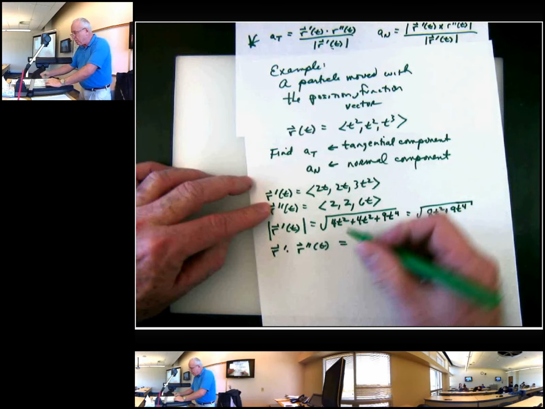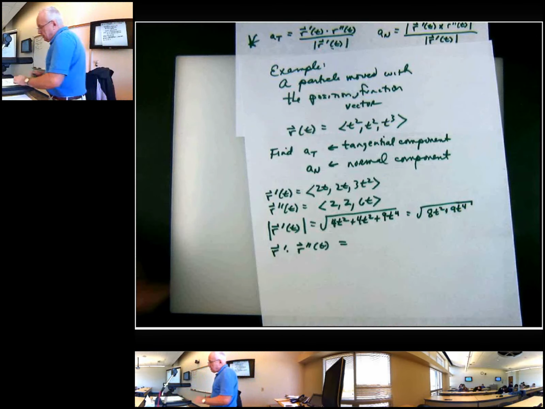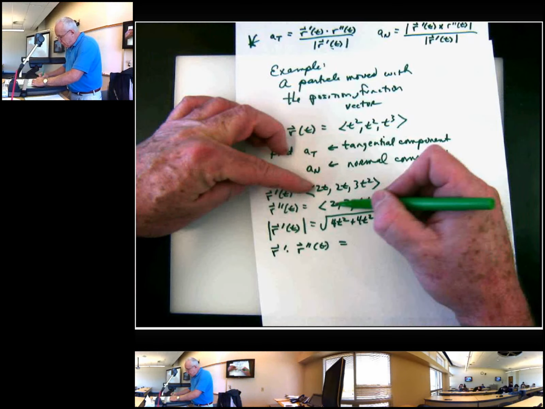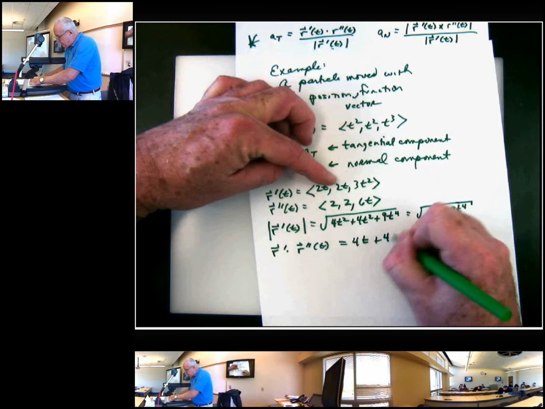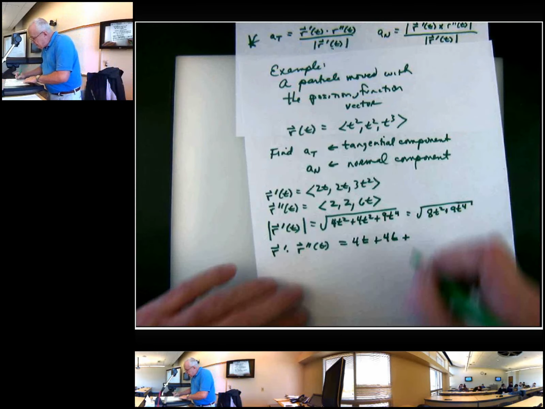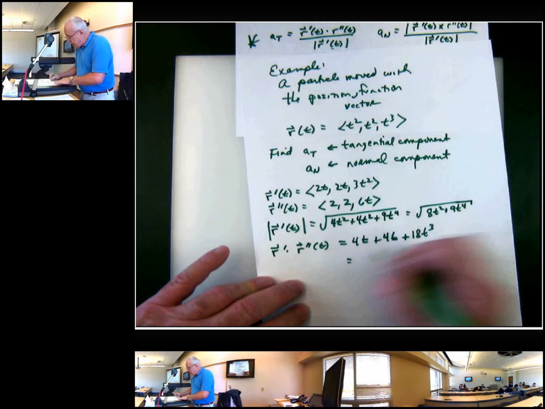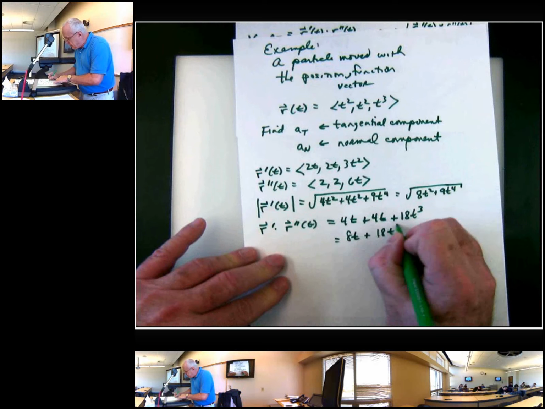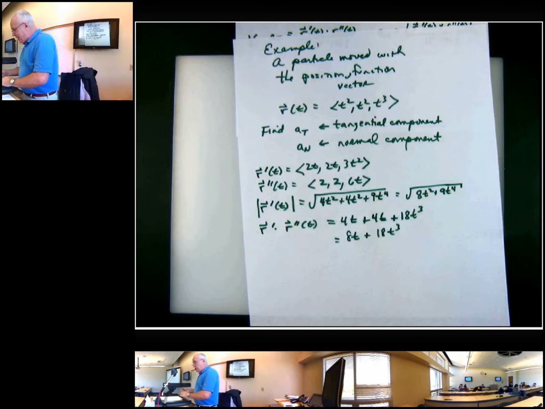For a dot product, we multiply together the components and add it up. 2t times 2 is 4t, plus 2t times 2 is 4t, plus 3t squared times 6t is 18t to the third. Adding like components, I get 8t plus 18t to the third power. So it's just a matter of plugging in stuff.